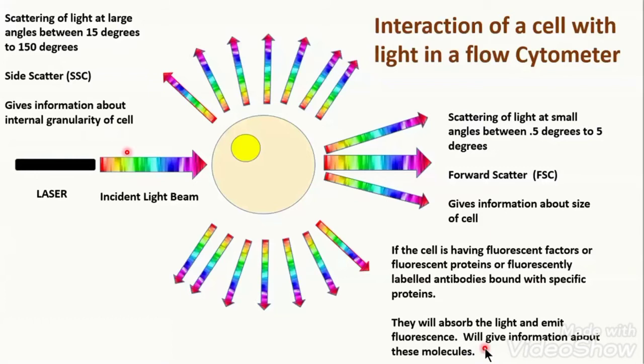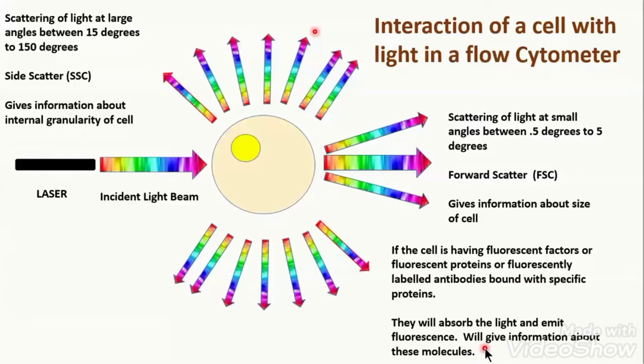with these interactions, it is possible that your cell is having some kind of fluorescent factor present in it. Whether this fluorescent factor is natural or it is artificial added by you, like some kind of fluorescent dyes, some kind of fluorescent labeled antibodies, some kind of fluorescent protein, some kind of recombinant proteins.